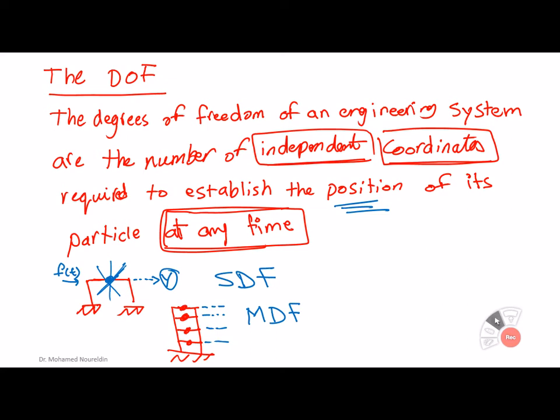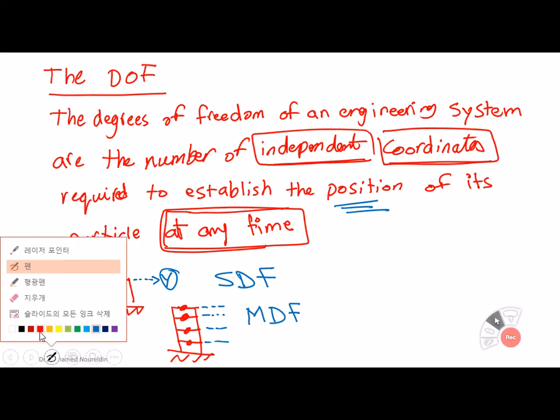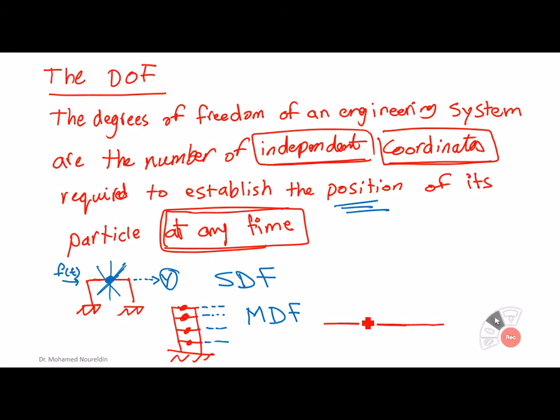Okay? Another case is a system that requires an infinite number of coordinates. If we have masses here, an infinite number of masses and particles, we need different types of coordinates or axes to describe the position of these particles, which are the masses distributed here, at each point of time.